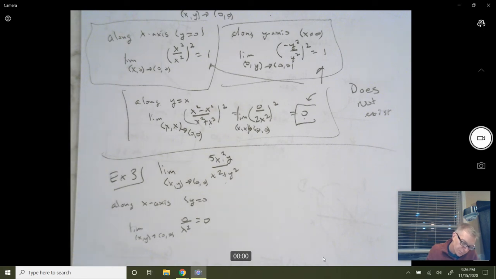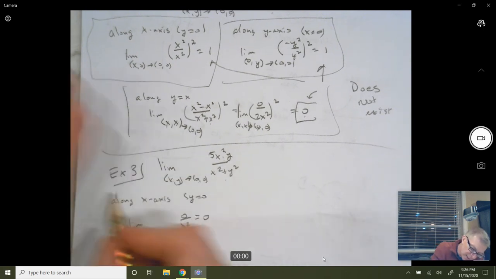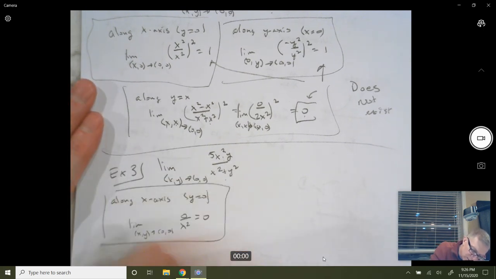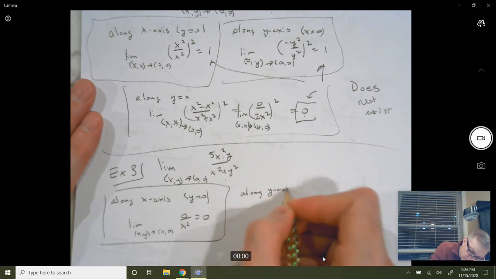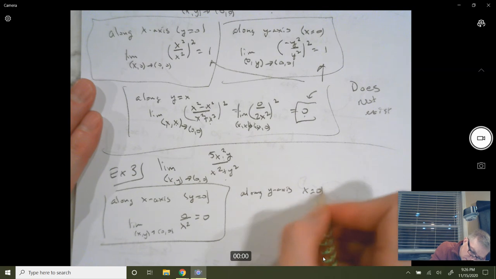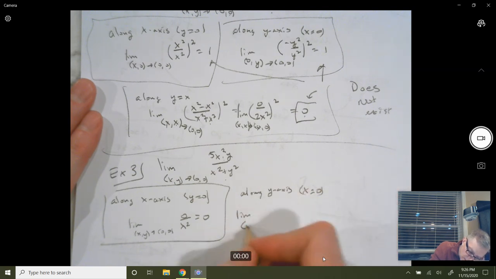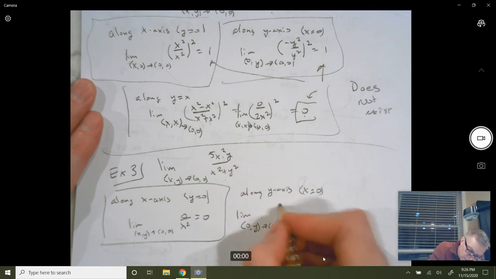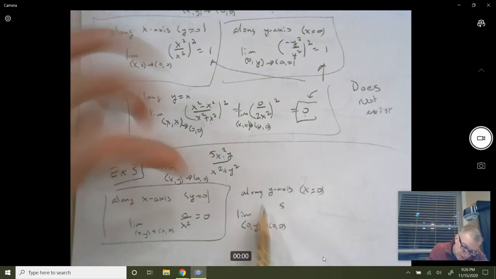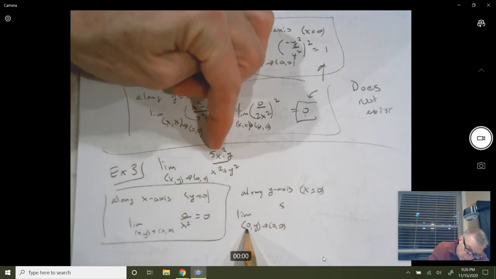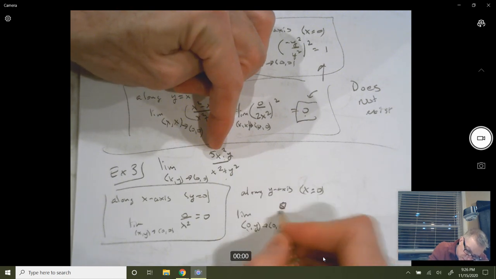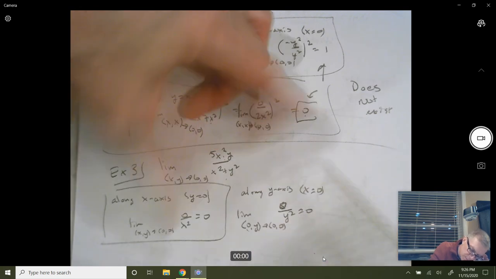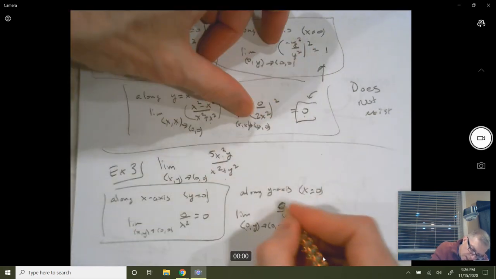So this would be 0 along the x-axis. Now let's try along the y-axis. So your x is 0. So that's going to be the limit as (0, y) approaches (0, 0) of 5, and let's plug in the 0 for the x. We get 0 over y squared, which is 0.